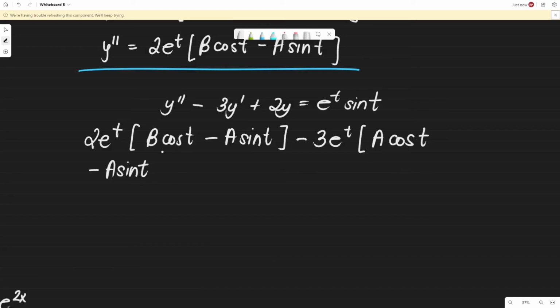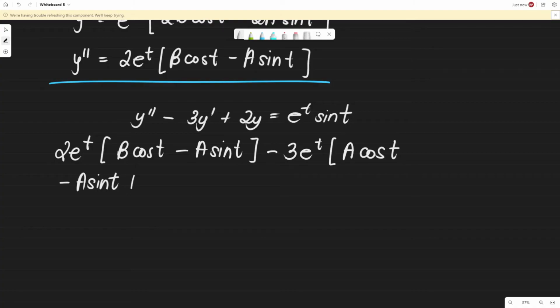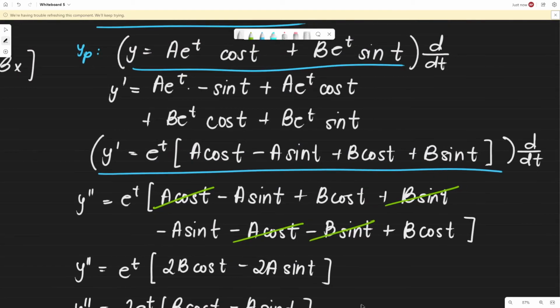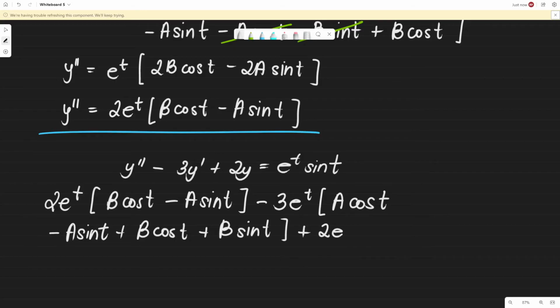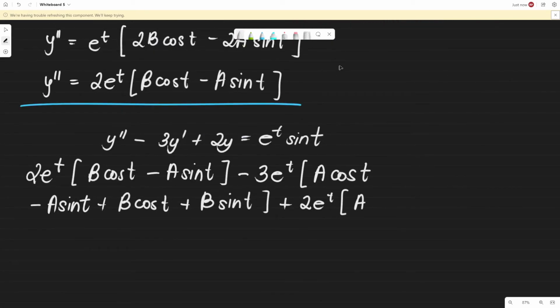Plus b cos t plus b sin t. Now, this is plus 2y, which is ano yung y natin? Okay, factor out ko si e^t. A e^t, a cos t plus b sin t.